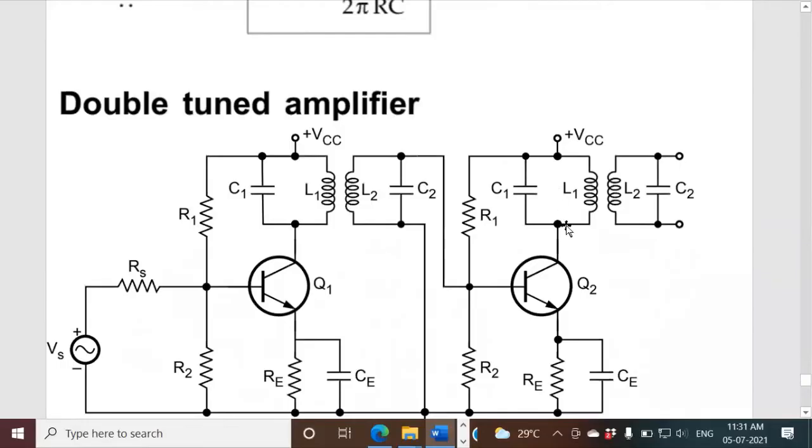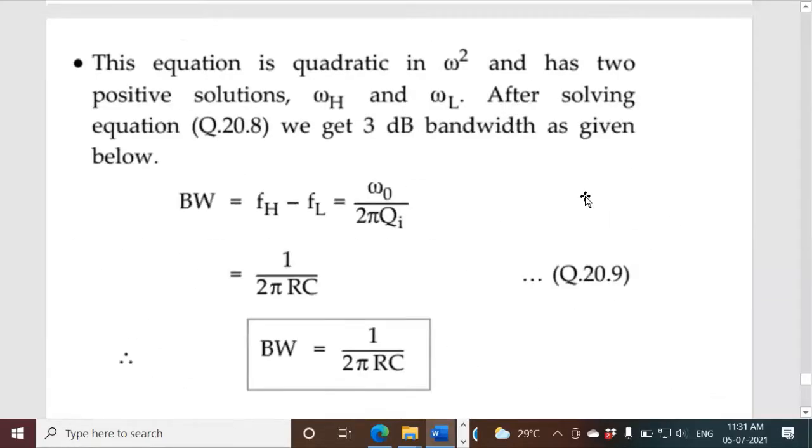Usually we have the load here at the output terminal, and for AC, VCC is replaced by ground. So what I am trying to say is, usually we connect this tuned circuit here.